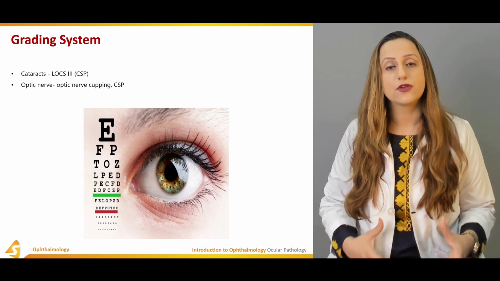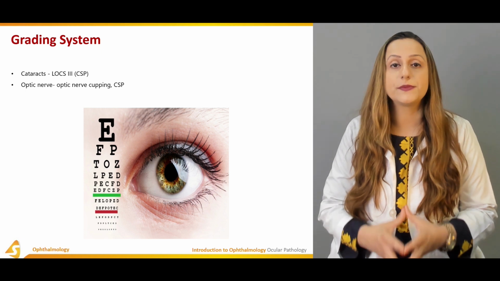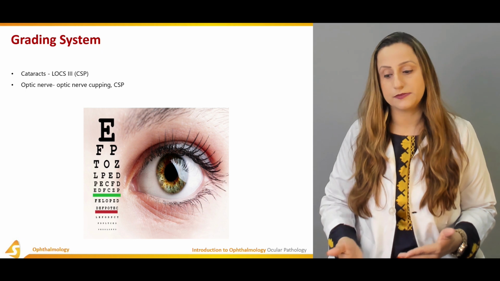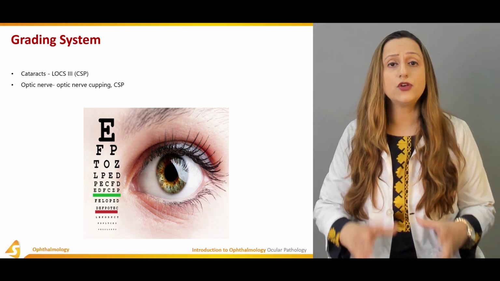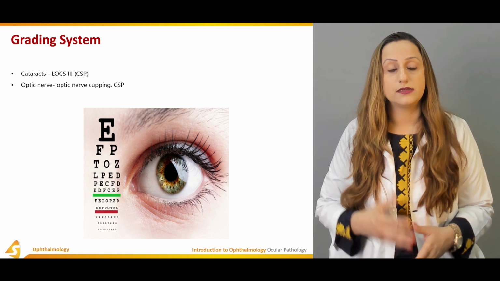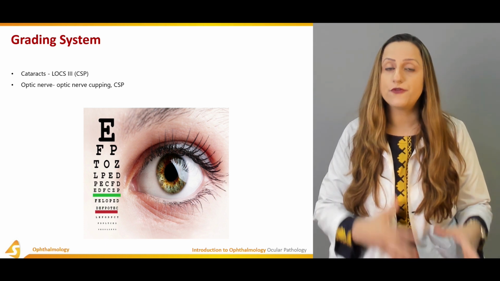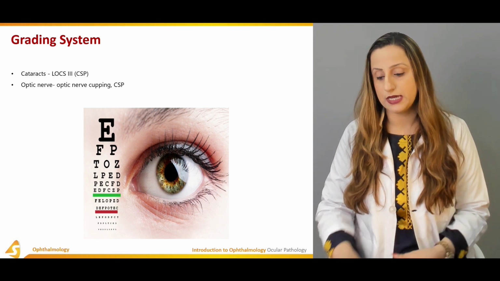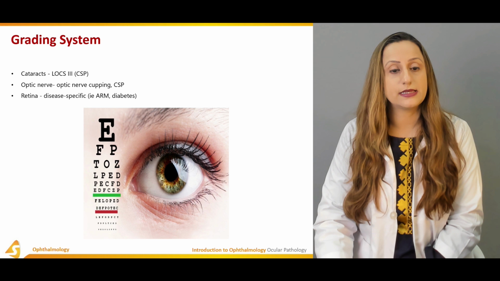If it is absent, you have to document that the optic disc was not physiologically cupped. It can be the pallor of the optic disc that can also be noted. You have to basically differentiate the normal from the abnormal.